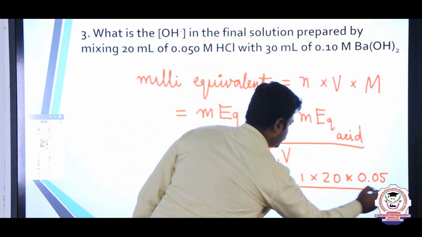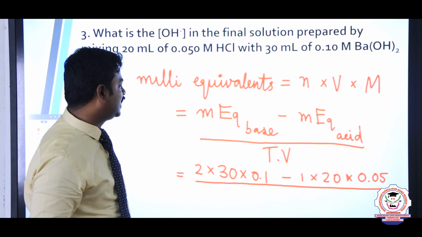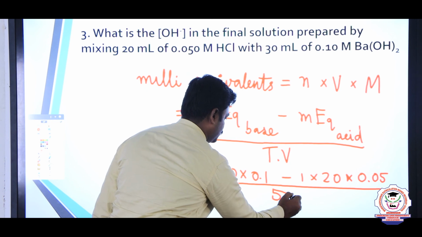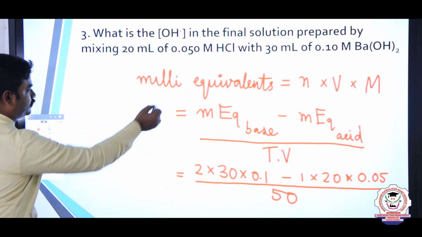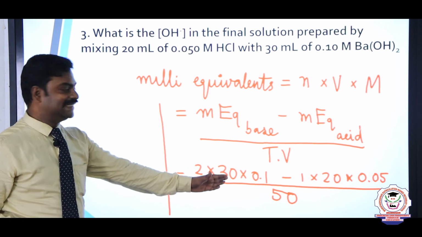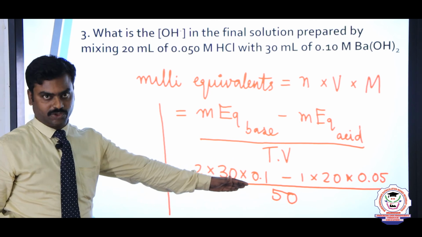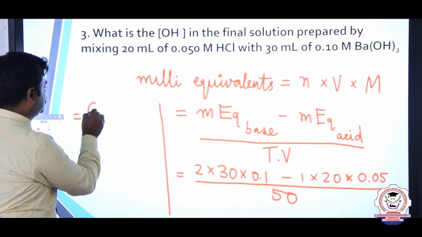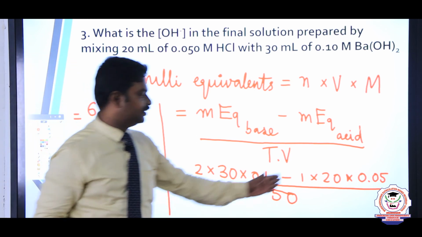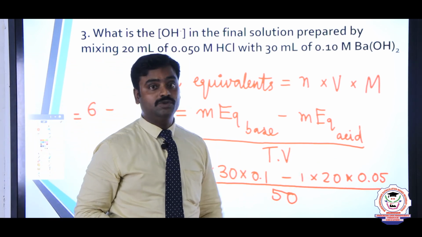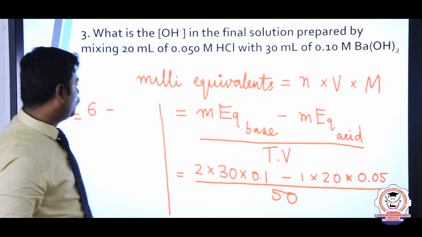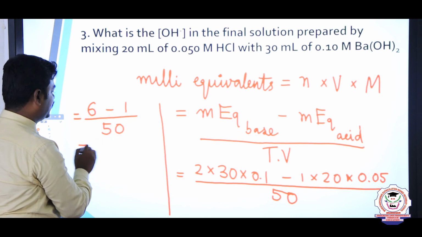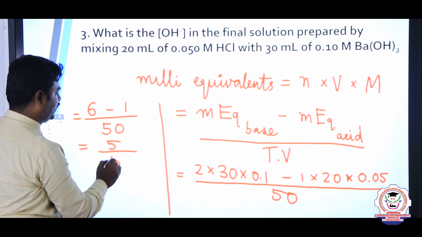divided by the total volume. What is the total volume? 30 plus 20, that is 50. Now 2 into 30, that is 60. 60 into 0.1, the value is only 6. 6 minus, here 1 into 20, 20 into 0.05, the value is 1, that is equal to 5 divided by 50.